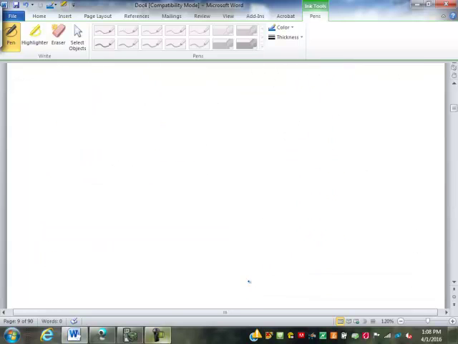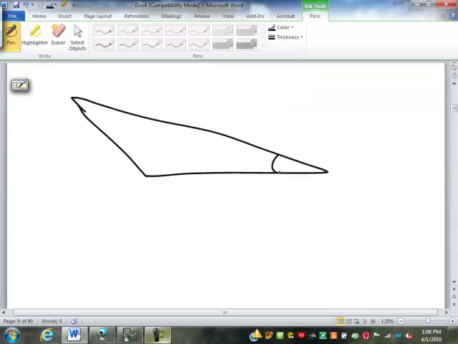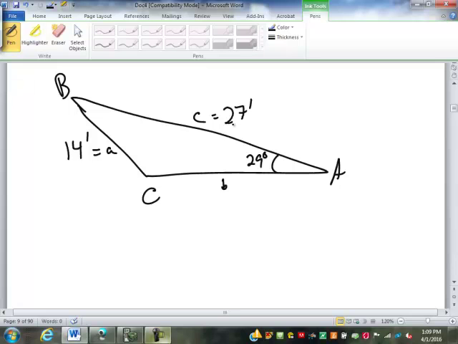So let's take this same information. I'm going to give it to you in picture form. So A is 29 degrees, little a is 14 feet, and little c is 27 feet. Now see if you can find the rest of that triangle. I am telling you from this picture that angle C here is definitely obtuse.